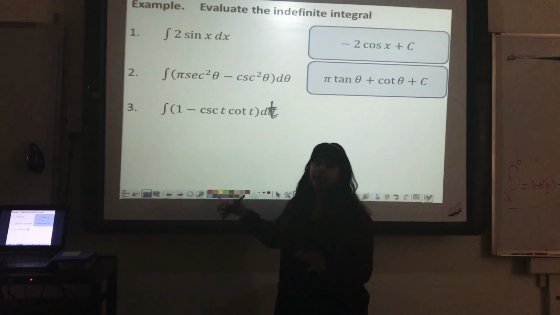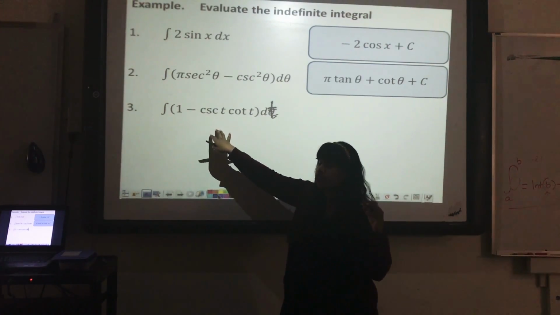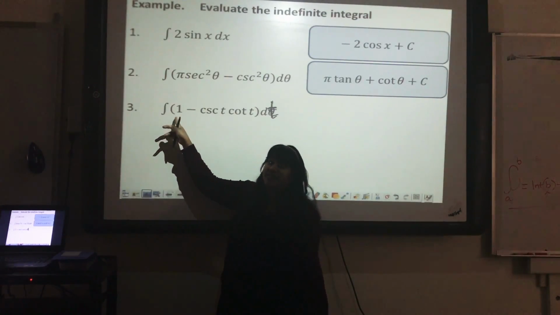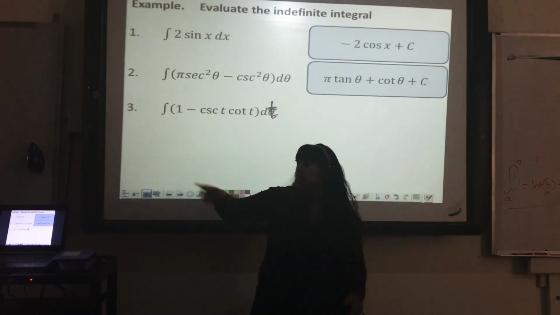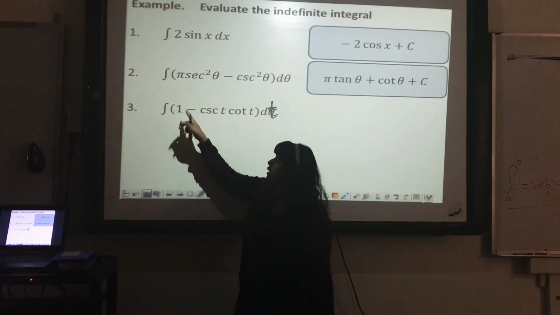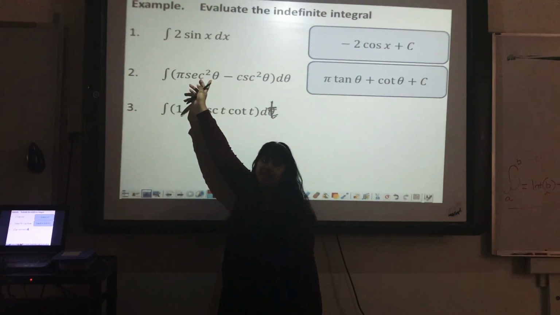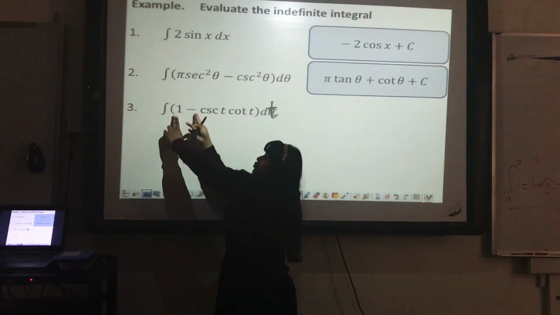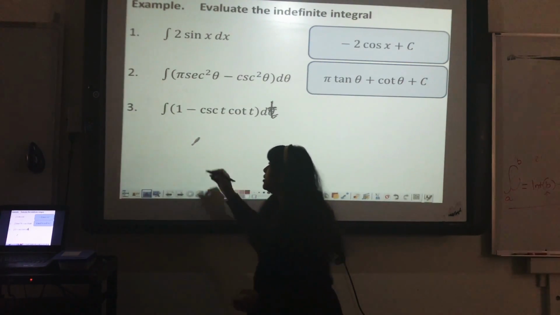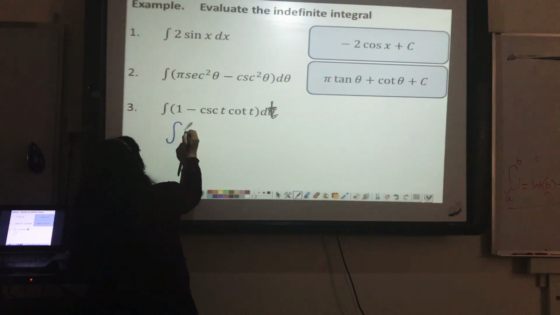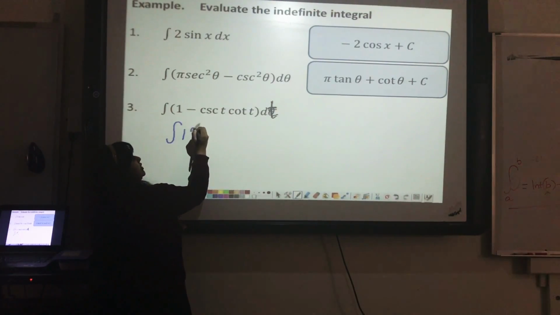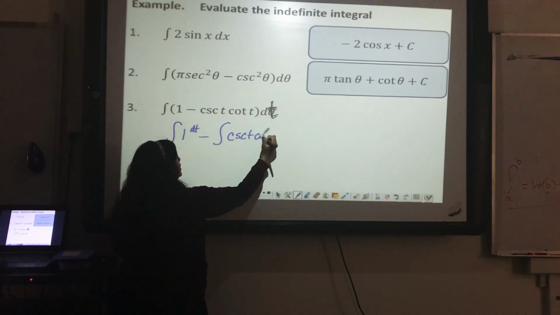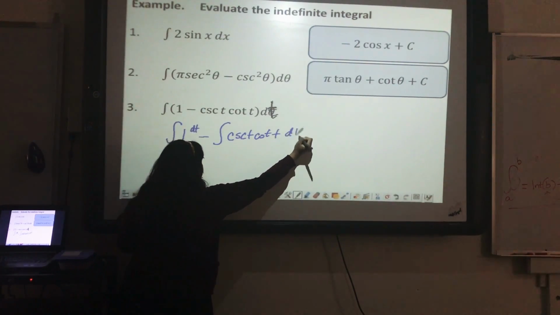Now, a common problem I see with this question is that kids want to treat this as a constant multiple. But what's that word? Constant multiple. 1 is not multiplying by anything like pi is multiplying by secant squared. 1 is not attached to anything. So this is my sum and difference rule, so I can split it apart. This becomes the integral of 1 dt minus the integral of cosecant t cotangent t dt.